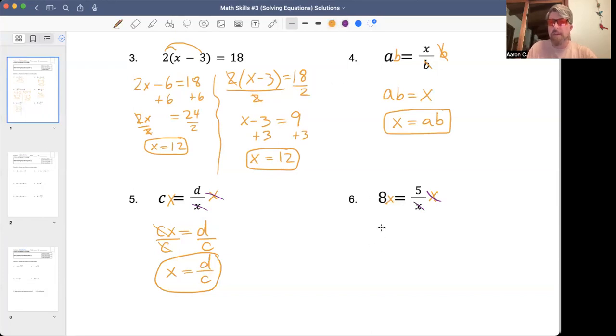And then we have 8x on the left equals 5. Now we're going to divide by 8 on both sides. Sorry, I forgot to cancel out the 8s there. That 8 cancels out. So we have x equals 5/8. That's hard to pronounce.